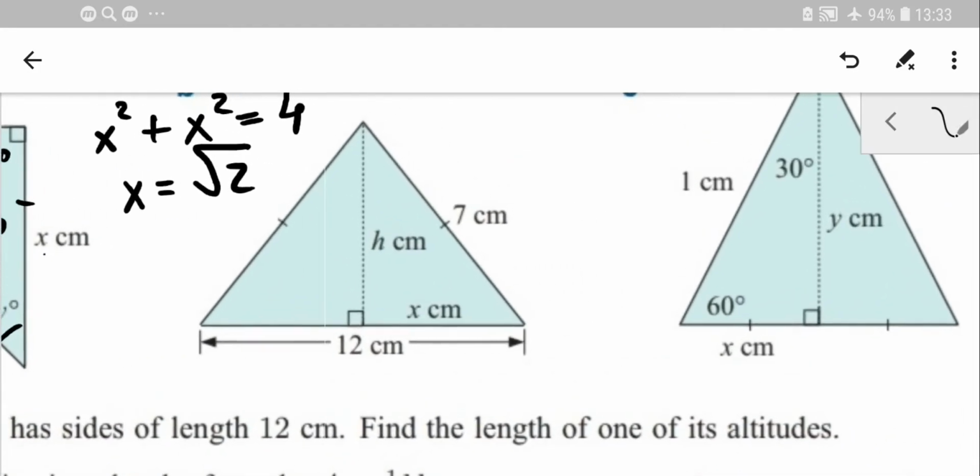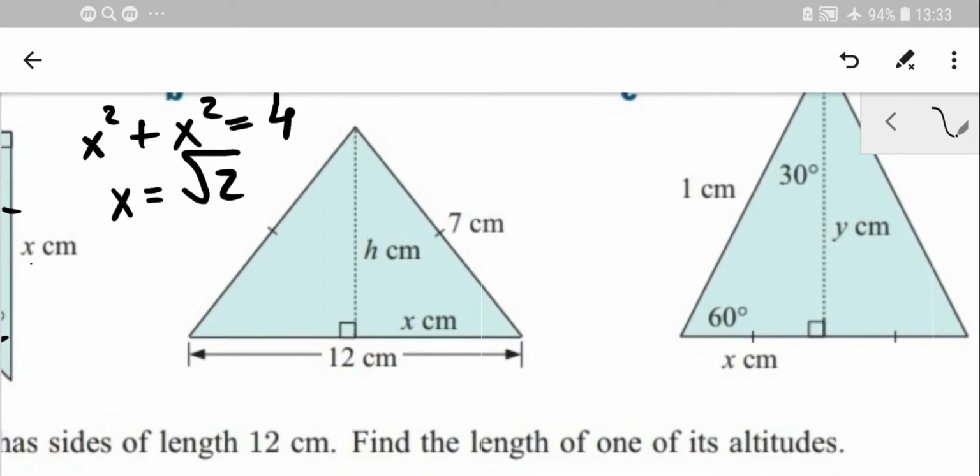So in the next task we have an isosceles triangle with 7, so that means two sides are the same. We also have the height, and we have 12 centimeters as the base.